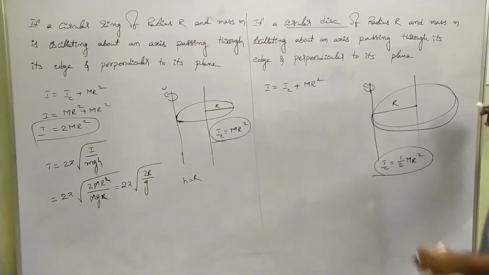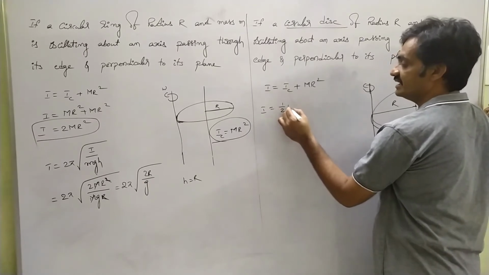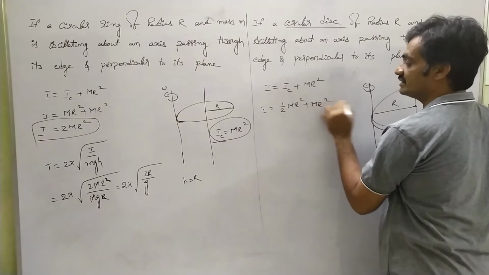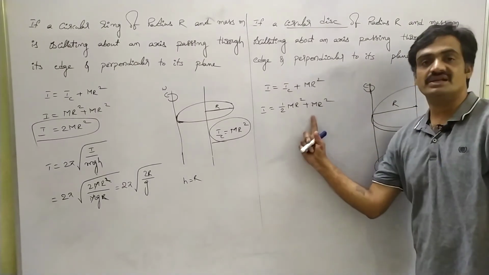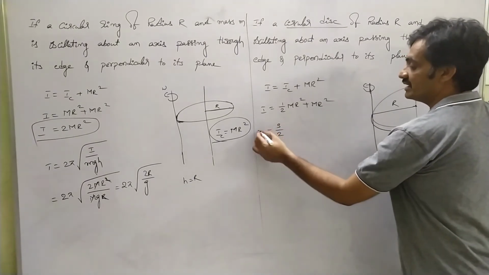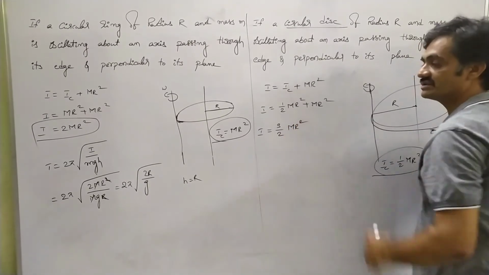Based on that, the moment of inertia can be represented as I equals half mr square plus mr square. If we take mr square as common, we get 1 plus 1 by 2, which is nothing but 3 by 2. So the moment of inertia is given as I equals 3 by 2 mr square.